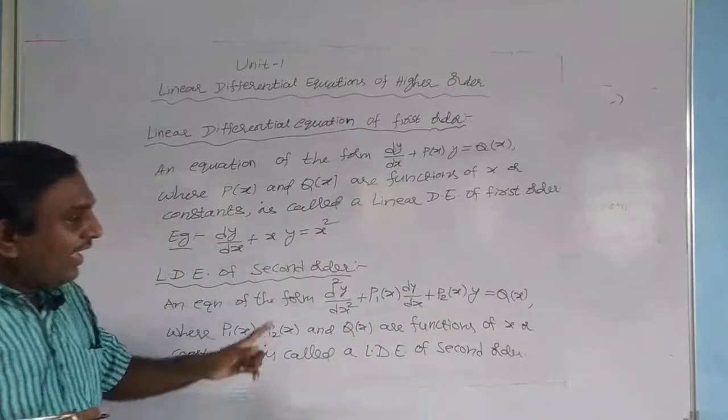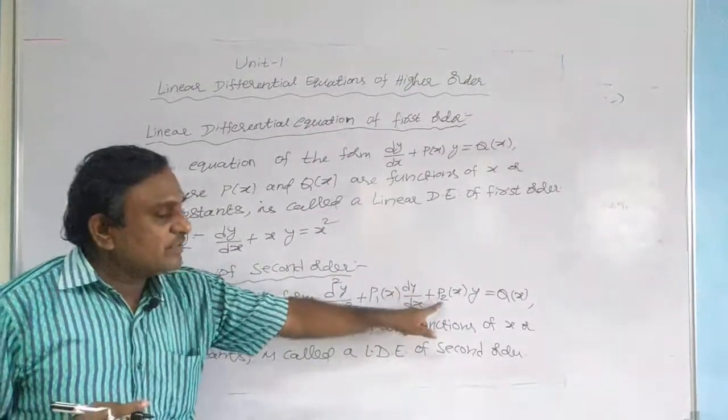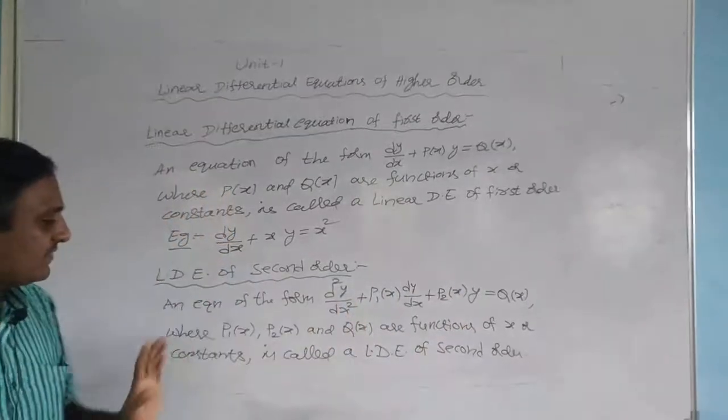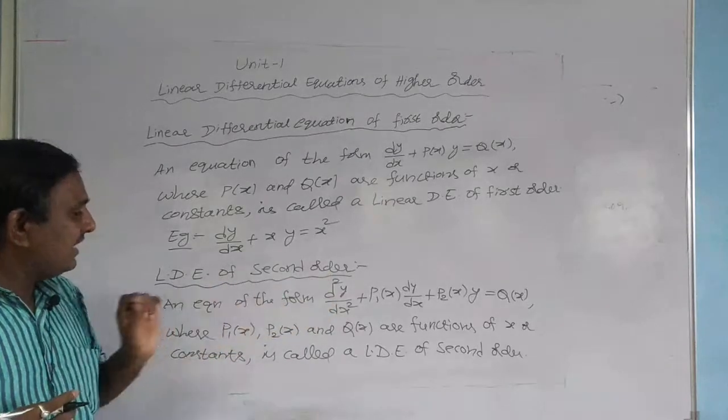So an equation of the form d square y by dx square plus p1 of x into dy by dx plus p2 of x into y is equal to q of x is called a second order linear differential equation.